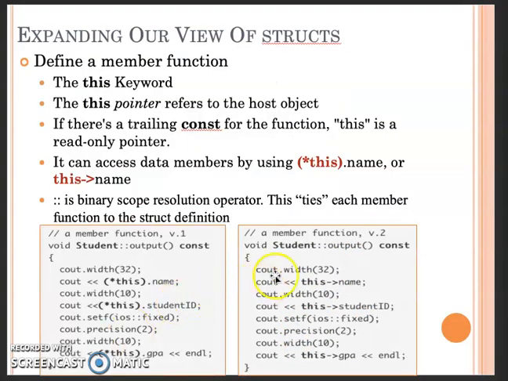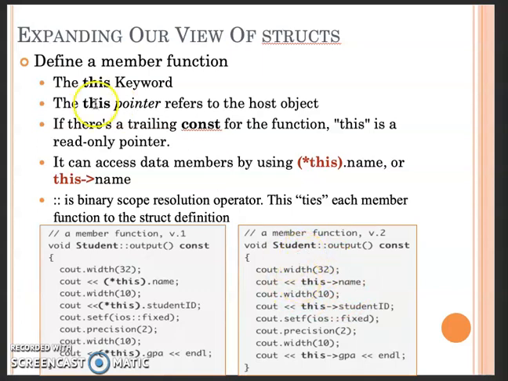But sometimes if you have another name, for example, we have the name, this name is from the student class. But if you want to define another variable also called name, we need to distinguish the local variable name from the data member of the host object.